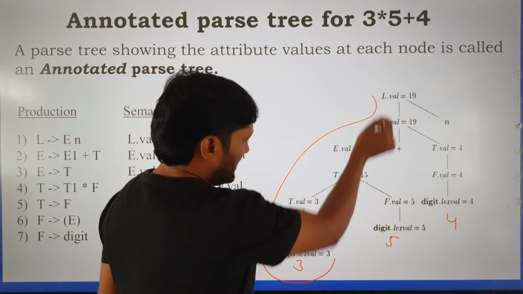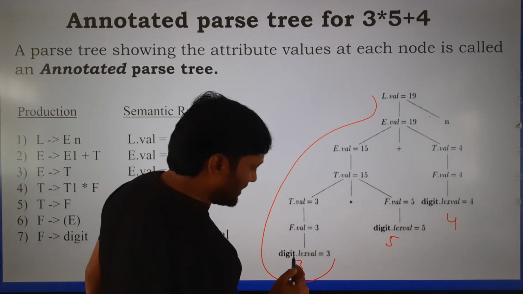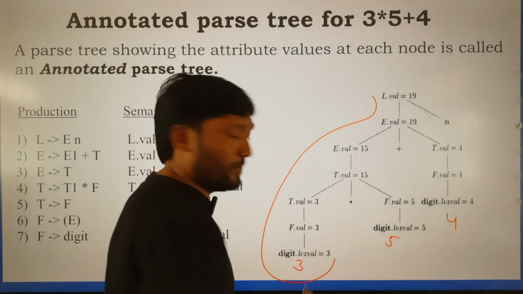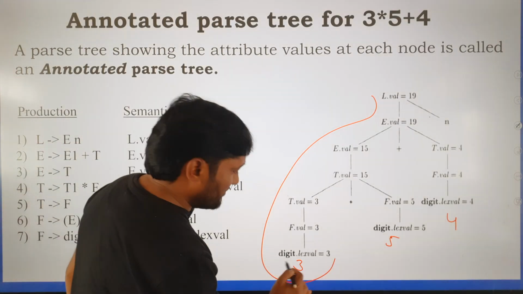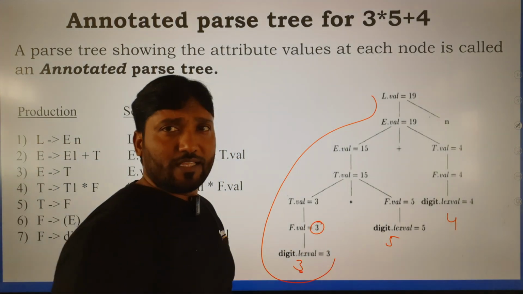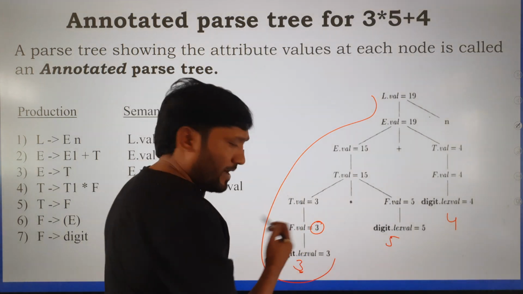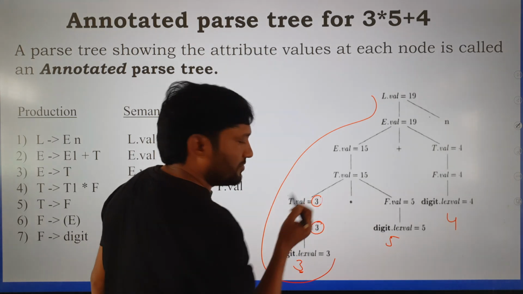Okay, so come to here, digit dot lex value. So what is F dot value? F dot value becomes lex dot value because F dot value derives digit dot lex value. If the digit dot lex value becomes 3, then automatically F dot value becomes 3. Okay, as we know that T derives F, so T dot value becomes F dot value, that is 3.